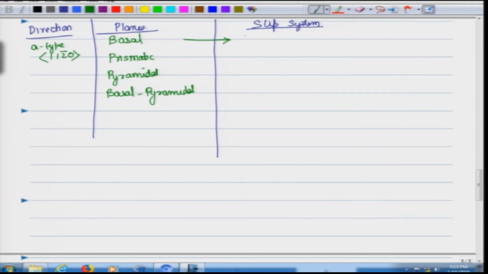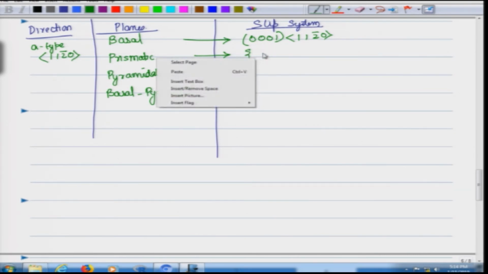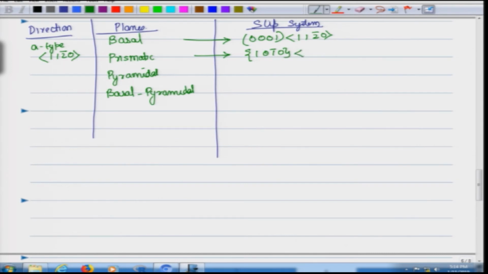So, for the basal it means that this is happening only in that particular plane. So, this becomes 0 0 1. For the prismatic, again the direction remains the same.